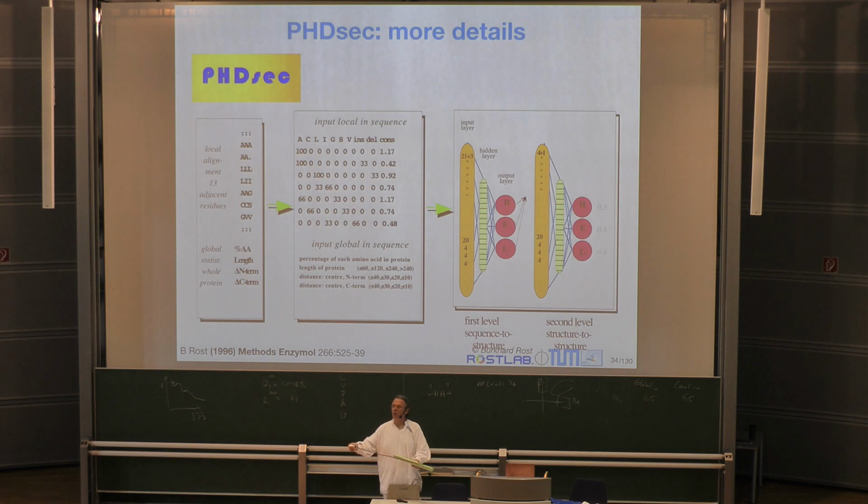So I look at the local window of W consecutive residues. That is what I talked about before, the 13 times 21 input units. And I add something from what is right and left, or from your perspective, right and left of this W. Namely, for instance, the amino acid composition of the entire protein, which is independent of where this window is here.